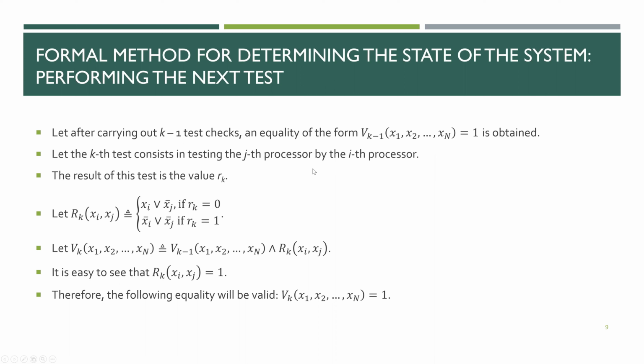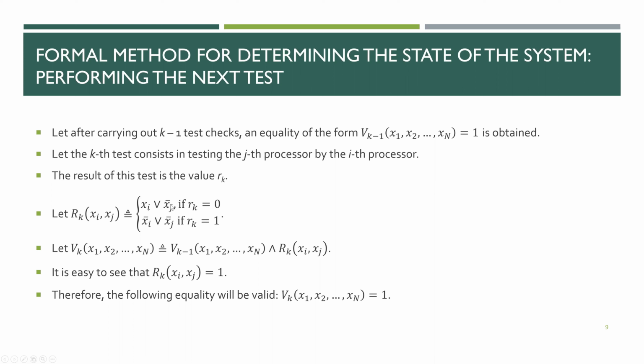So now let's assume that the k-th test consists of testing the j-th processor by the i-th processor. So processor number j is tested by processor number i. And the result of this test is the value Rk. It can be 1 or 0, depending on the result of the test. And let's build an expression R capital, which depends on variables xi and xj, and its form will be based on the value of Rk.